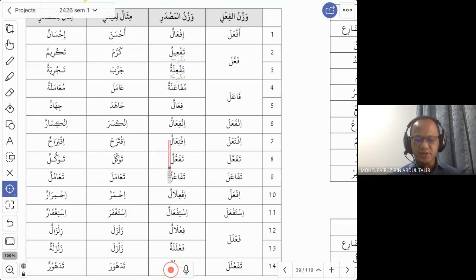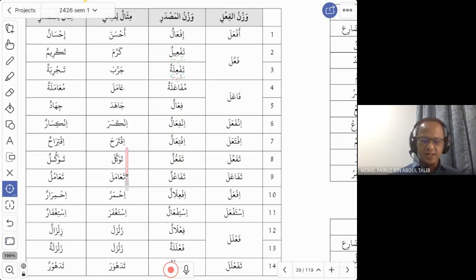In other books, they use ifti'alan, with a fatha at the end. Not a problem, they are still the same word. Only the grammar function is different. Since this is only about the word and not in the sentence, we don't care whether it is ifti'alun, ifti'alan or ifti'alin. We treat them as the same word. So we just say ifti'al. That's fine: ifta'ala, yafta'ilu, ifti'al.